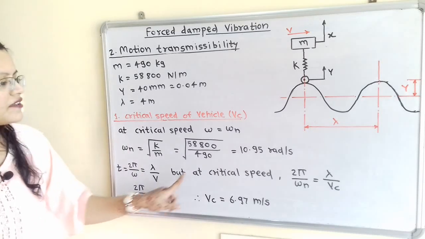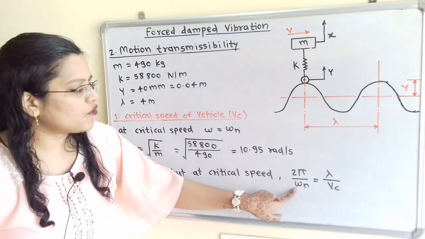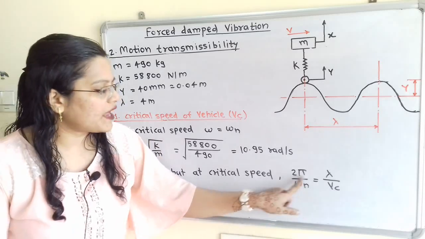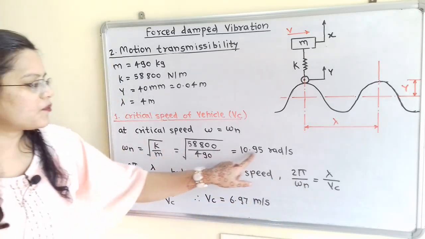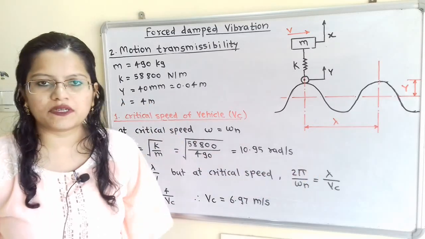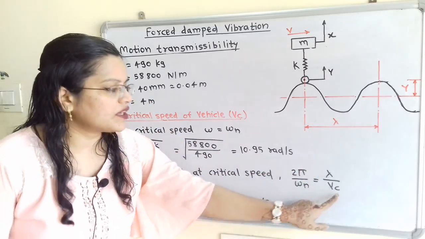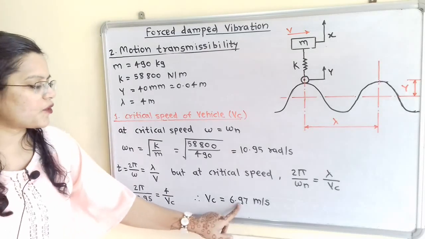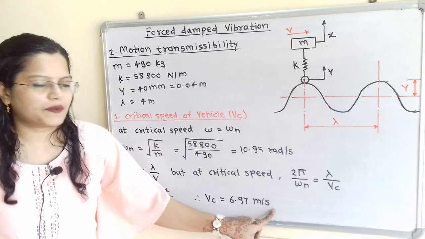So we will write the formula 2 pi by omega n is equal to lambda by Vc. We will put the value of omega n, that is 10.95. We will also put the value of lambda, that is 4 meter. So only one unknown term, that is Vc, and when we calculate Vc, we will get 6.97 meter per second.